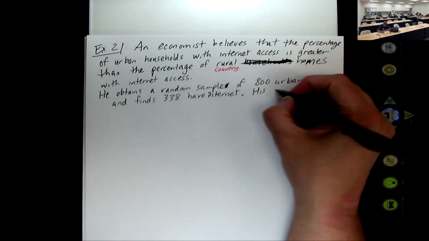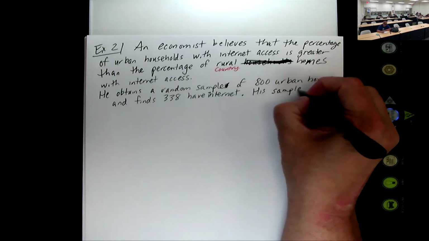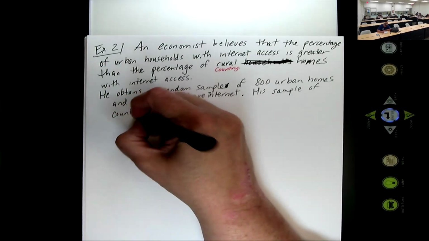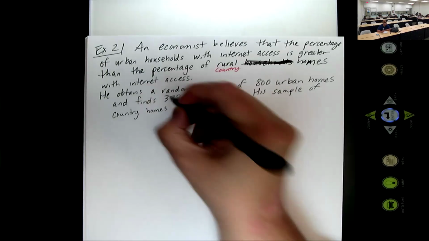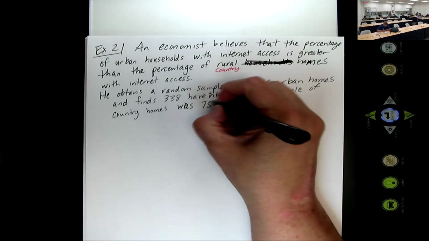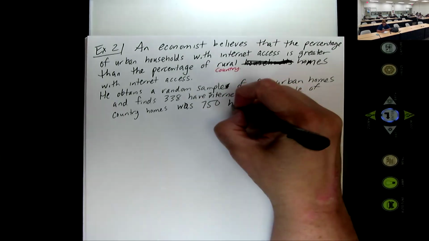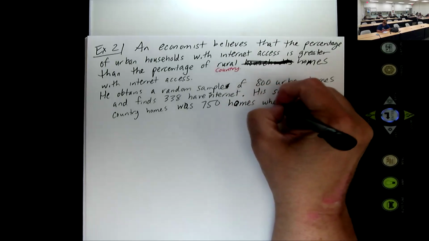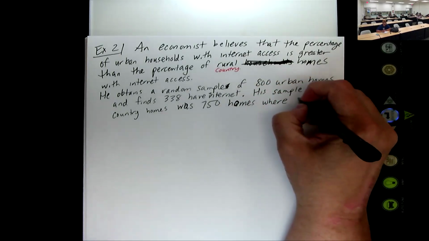His sample of country homes was 750 homes, where 292 had access.